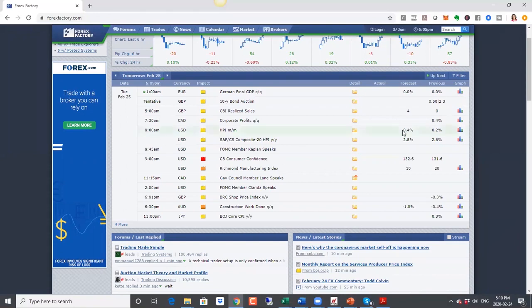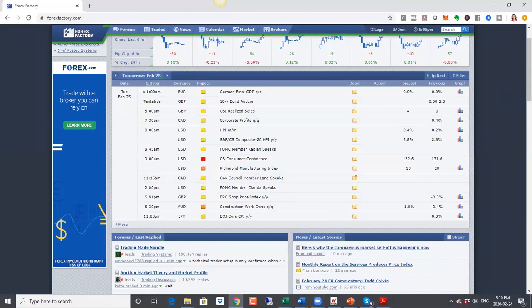If these numbers meet expectations, we could see US dollar go up as well. But if they are below expectations, then we're likely to see a drop in US dollar. That's pretty much it for the most part here. We also have a couple of FOMC members speaking, so we just need to keep an eye on their speeches and see if they say anything about the coronavirus and the impact on the economy.